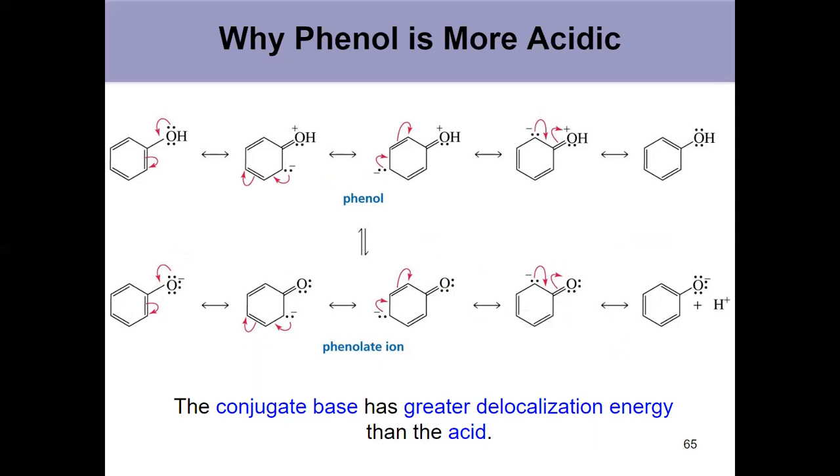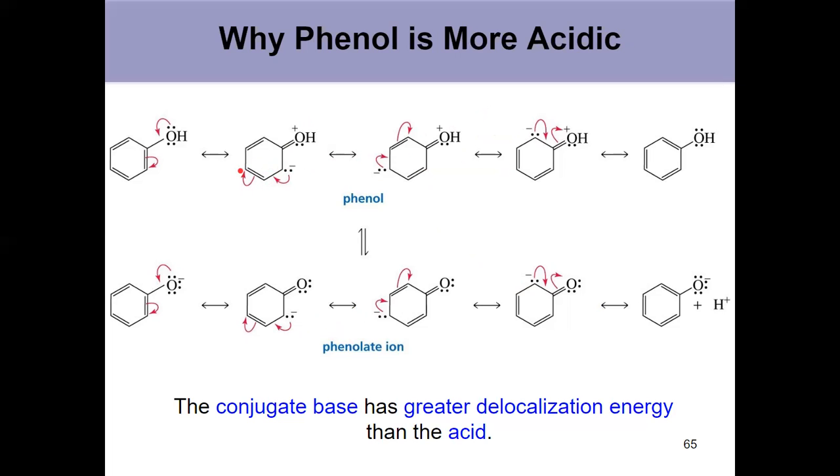which is not to confuse it with a carboxylic acid. 3 of these resonance contributors down here have our charge on something that's not the most electronegative atom, and 3 on phenol have separation of charge here in the middle.